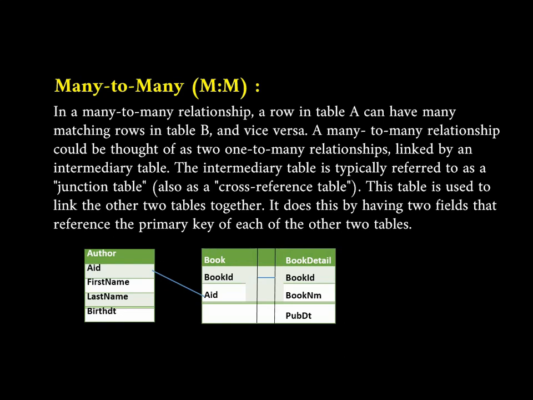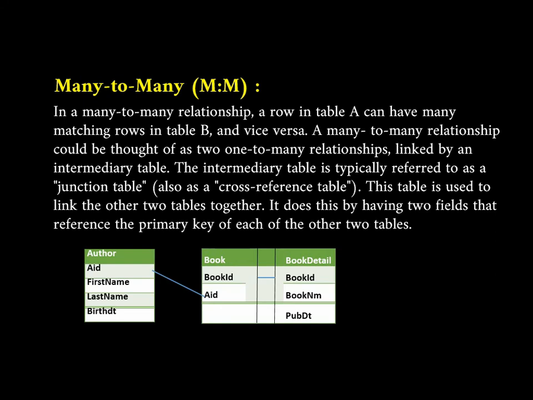In this relationship, a row in table A can have only one matching row in table B. The one to many relationship is the type we commonly use: a row in table A can have one or many matching rows in table B, but a row in table B can have only one matching row in table A. That's why it is called one to many. It can also be viewed as many to one, depending on which way we look at it.